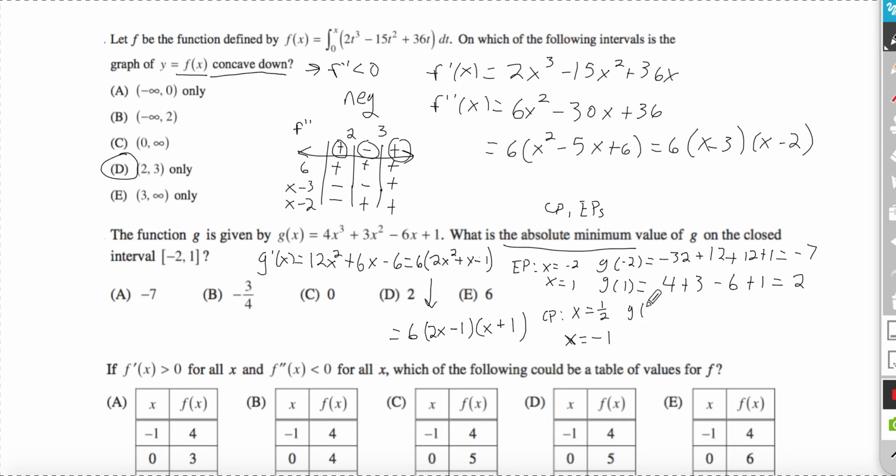Okay, so I need to now go and plug those things in. I need g of half. I also need g of negative 1. G of half is going to be interesting. That's going to be 4 times 1/8 plus 3 times 1/4 minus 6 halves plus 1. So what's that going to give us?